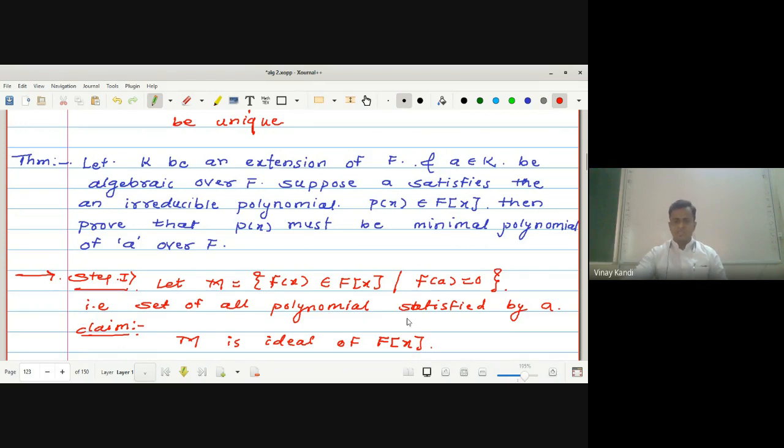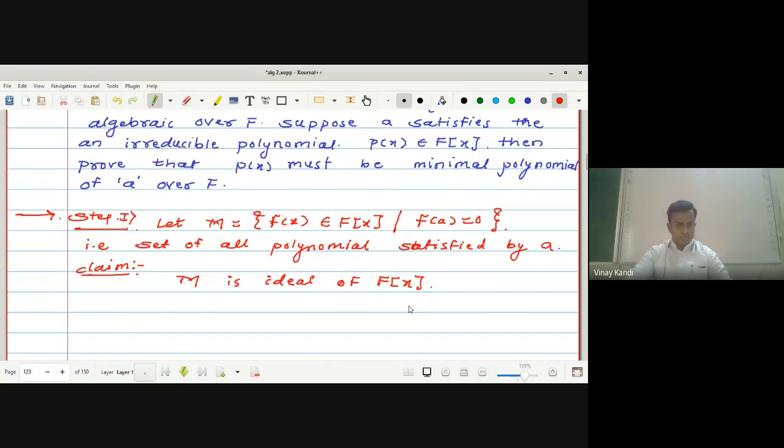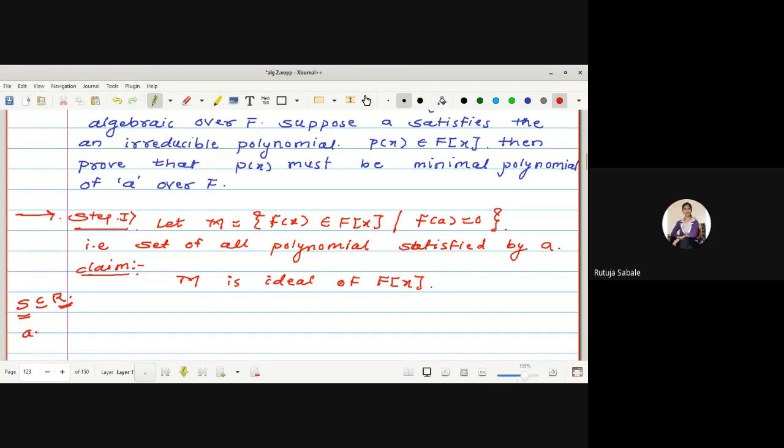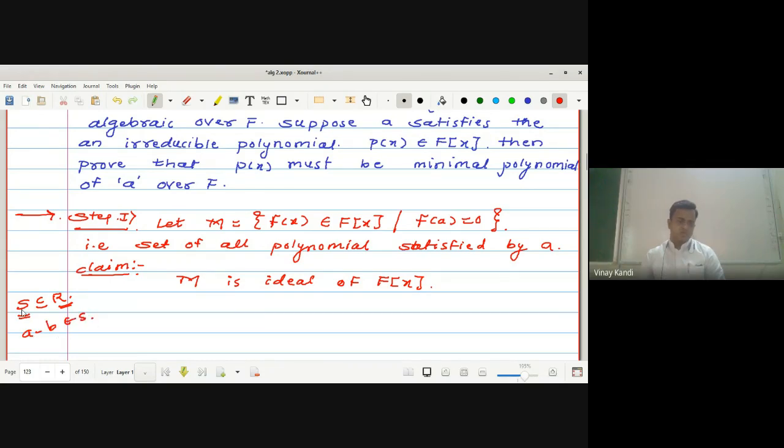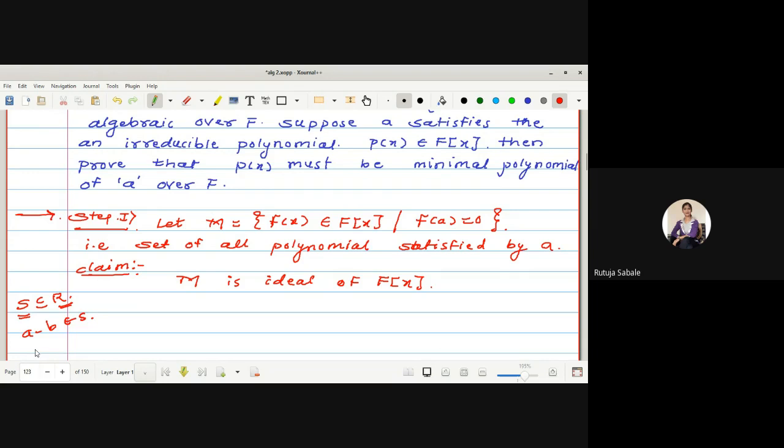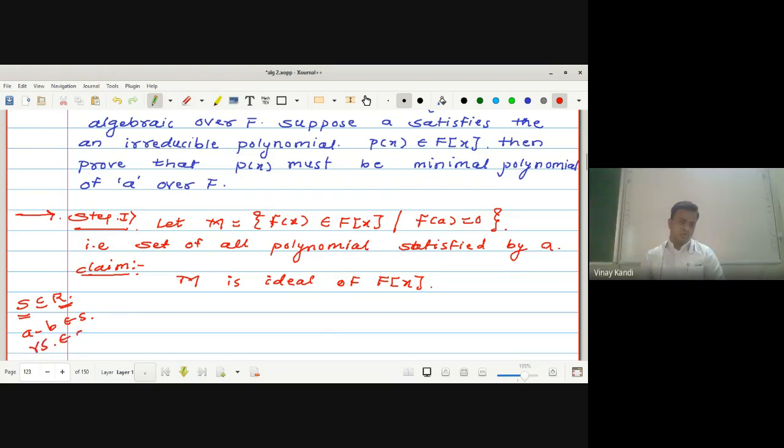Suppose S is a subring of a ring R. So what are the conditions to prove that S is an ideal of R? If S is a subring of the ring R, then to show S is an ideal, which conditions do we use? a minus b belongs to S, where a and b belong to S. And another is left ideal and right ideal: R into S belongs to S, or S into R belongs to what? It should belong to S. Okay.